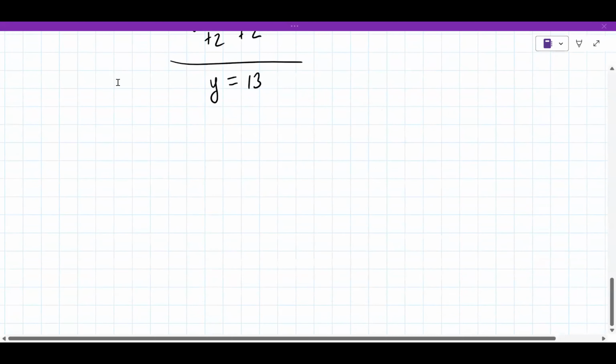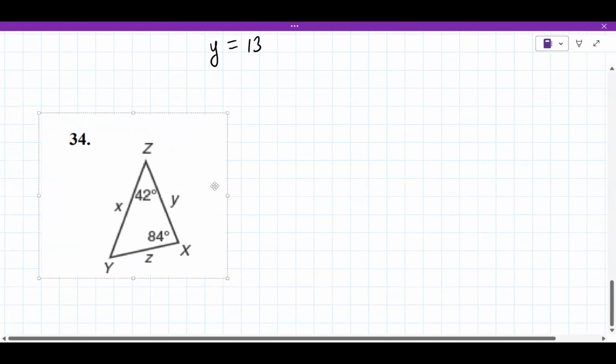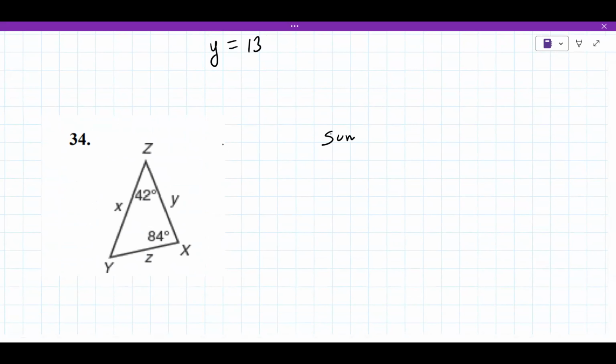Again, just kind of general knowledge here. Do you remember what the 3 angles in a triangle add up to? They add up to, is it 180? Yes, the sum is 180. So if I have 42 and 84, 42 plus 84 gives me 126.